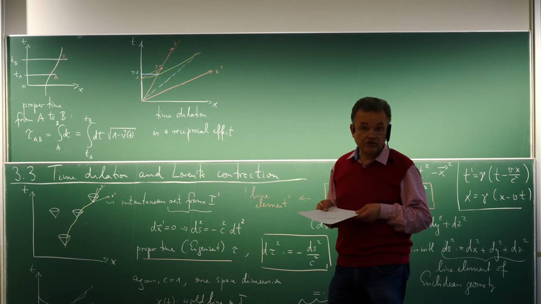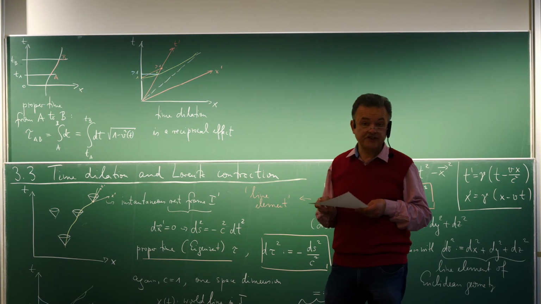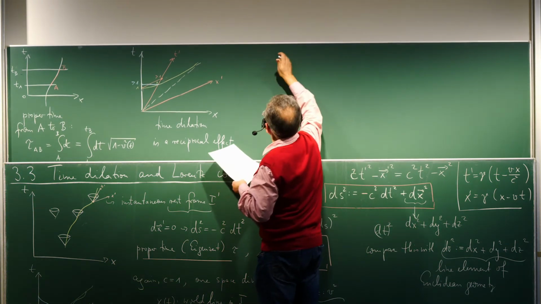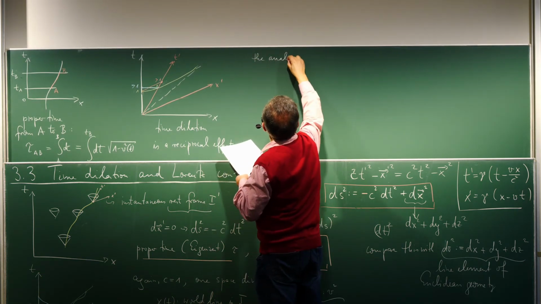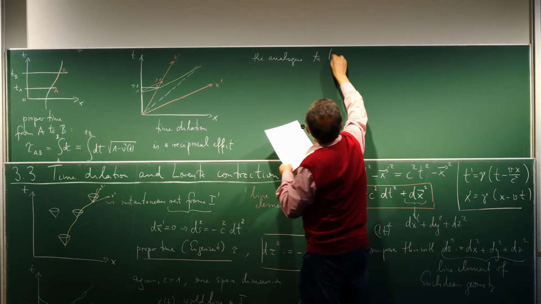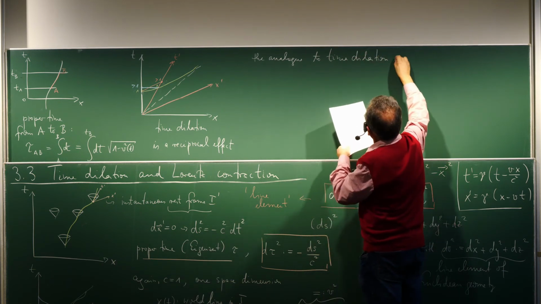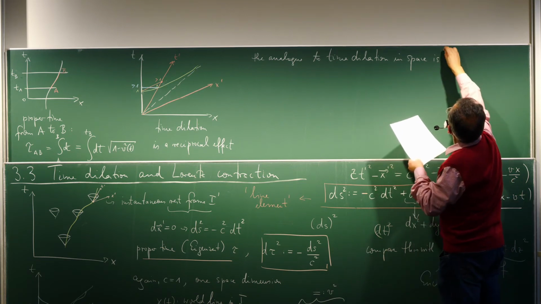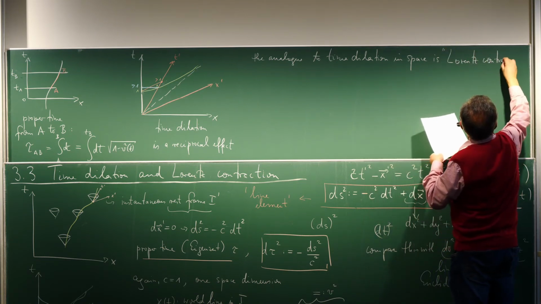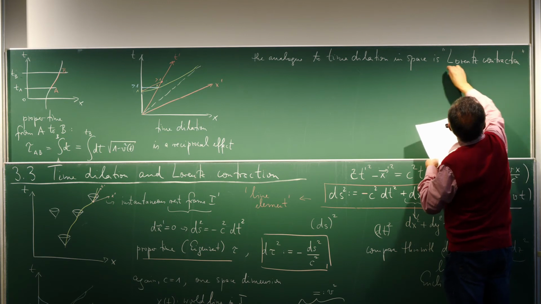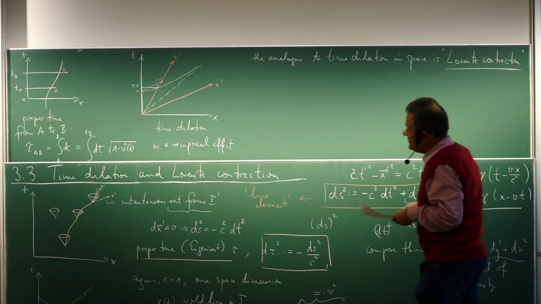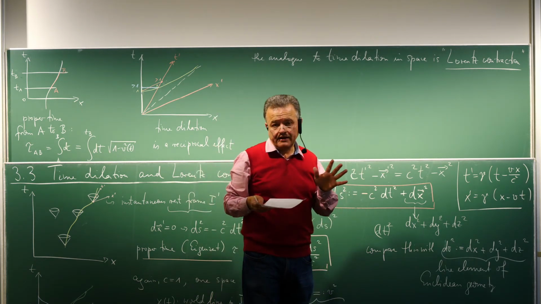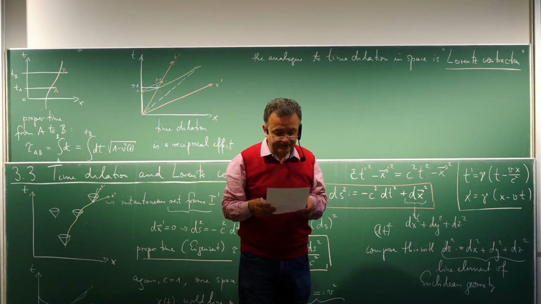The analog to time dilation in space is called Lorentz contraction. It is named after the Dutch physicist Lorentz, who before Einstein had used this formula in a different context, not in the context that Einstein had here.